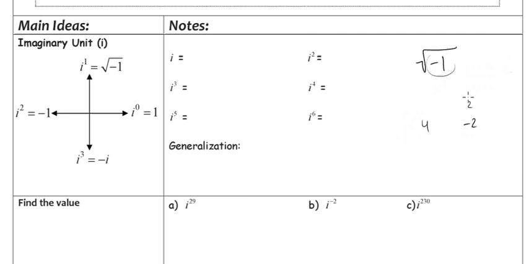Or if we start with +2 and square it, that gives us +4. We can't get a negative inside of here. The only way to do it is to have an imaginary number, and that's why i is defined as the square root of -1.